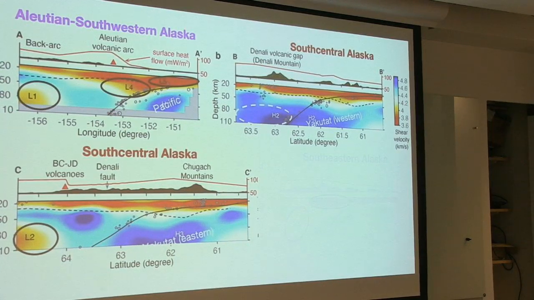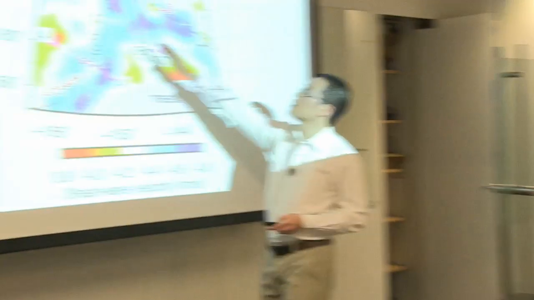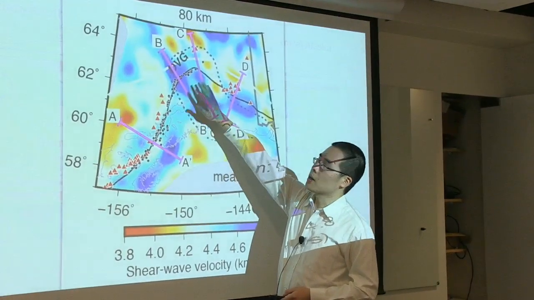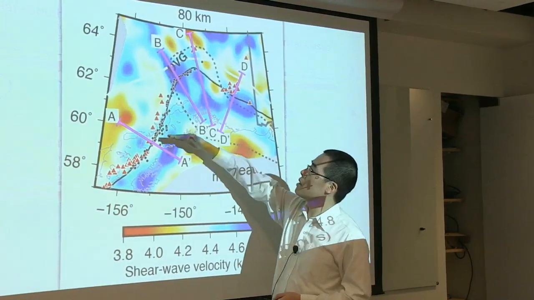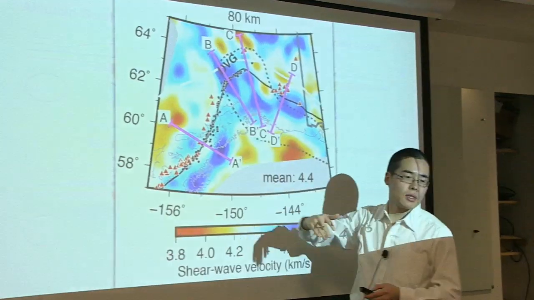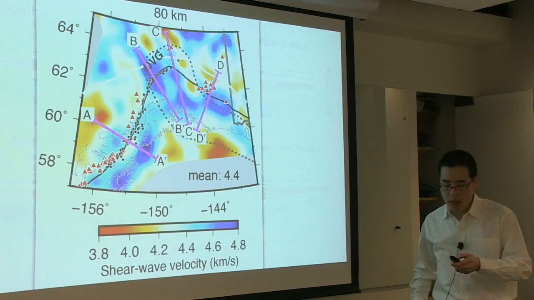So because we want to show it perpendicular to the arc, as some of the structures are three-dimensional. This is the direction where we see the subduction from, we want it perpendicular. If we use latitude or longitude, we'll just have some visual artifacts.